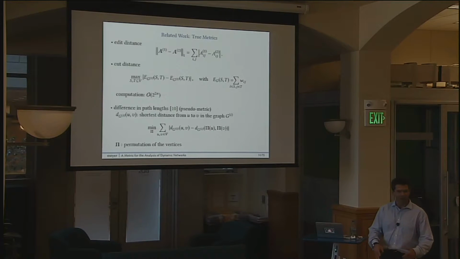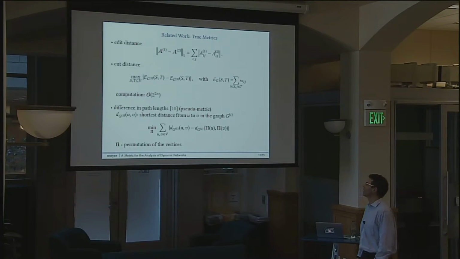So you have weights, and then that turns into an optimization problem that you can actually solve. It's still pretty expensive. Yes, that's exactly right. It has the same flavor.